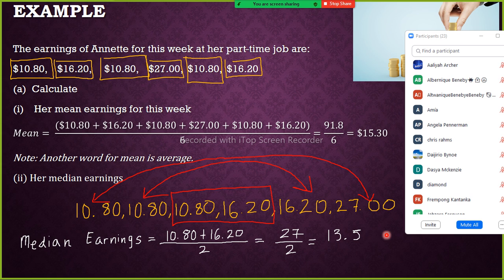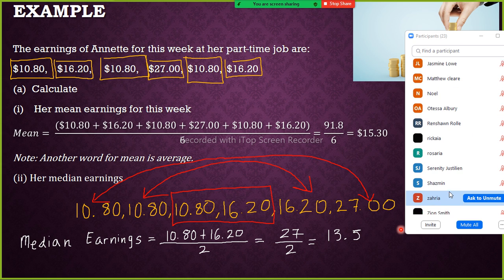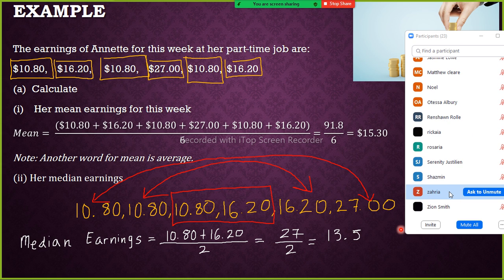Anyone else have any questions? Rakia, are you here? You understand what's happening? Yes, sir. Okay. Otessa Albury, are you here? I'm not hearing from Otessa. Do you understand what's happening?